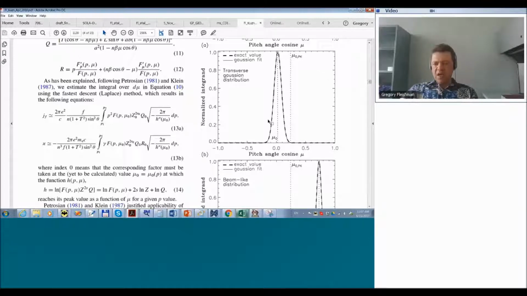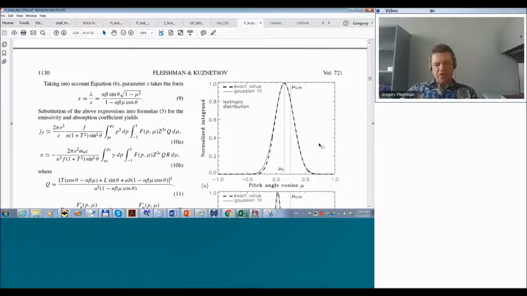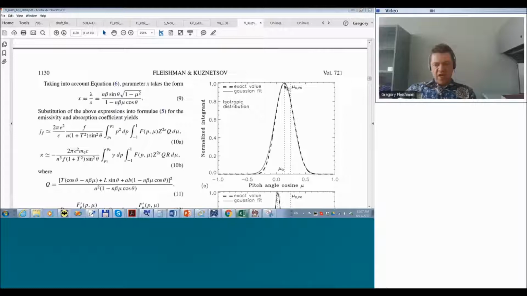And now, what Alice did a year ago: she considered one case, an isotropic distribution of radiating particles, and this example is shown here. For isotropic particles, the peak value of the Gaussian can be found analytically, approximately, and this is the value mu naught pk.